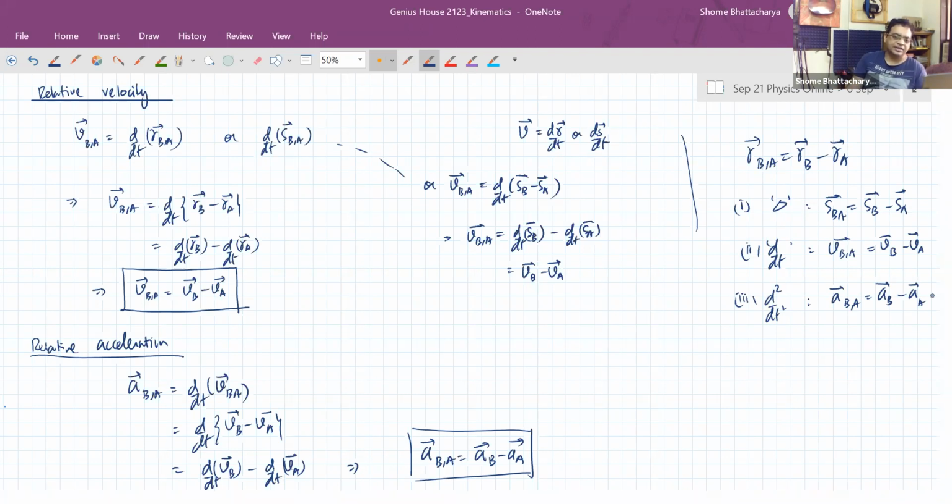The moment you have understood what relative position is, from that it follows what relative displacement, relative velocity and acceleration are.